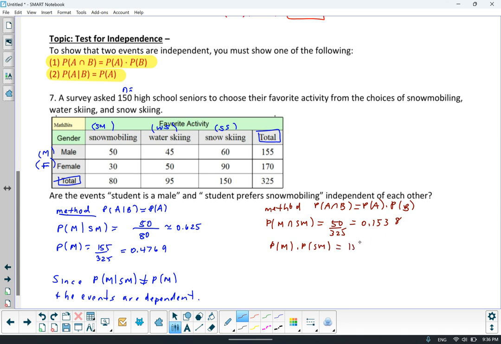So that's 155 over 325 times 80 over 325. And so I'm going to enter that carefully in.